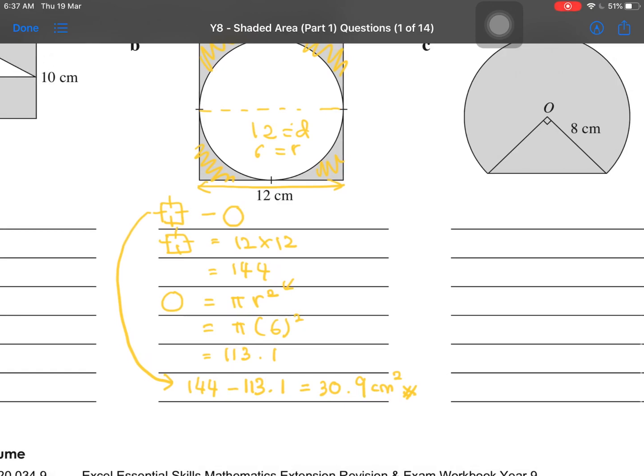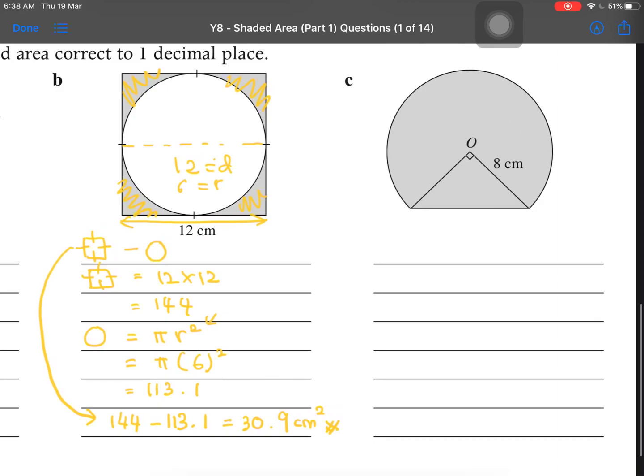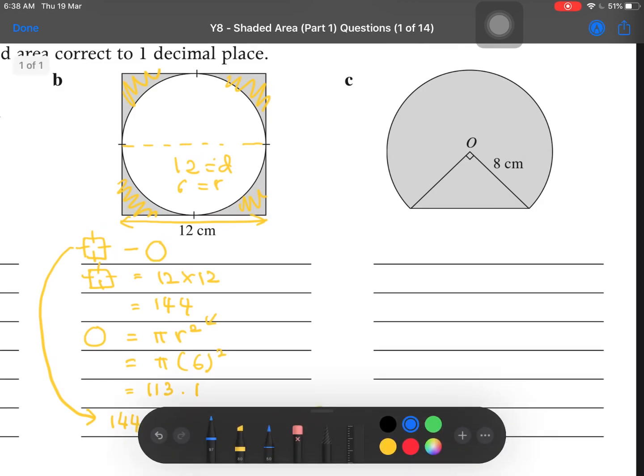The last question that I want to explain is question 2C. I'll choose blue. For 2C, you know that it's not a complete circle, because if you were to extend the circle we have here, you see, this part is missing.